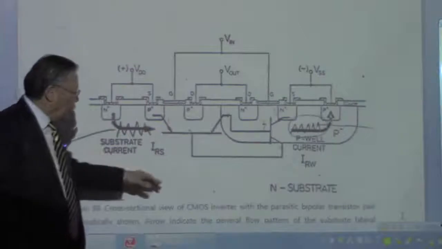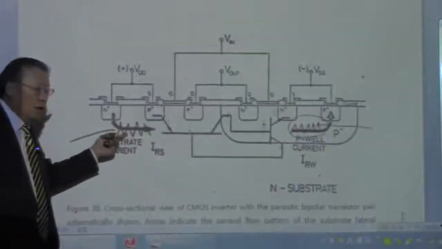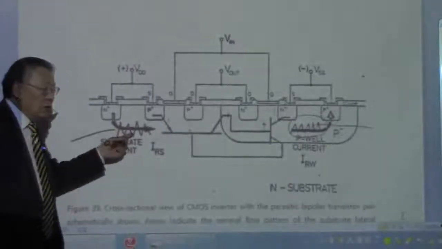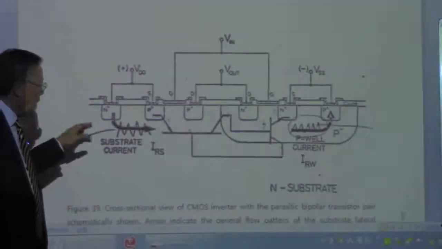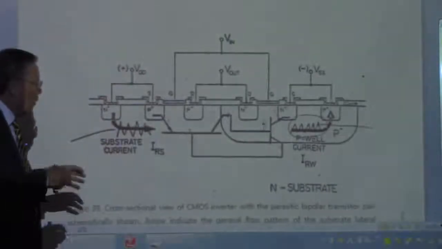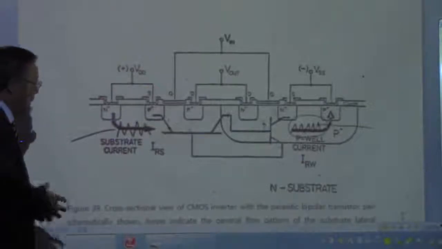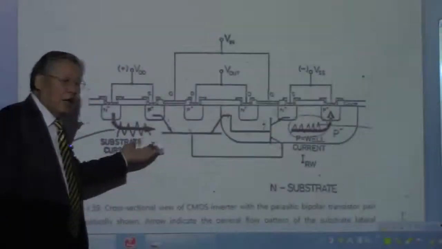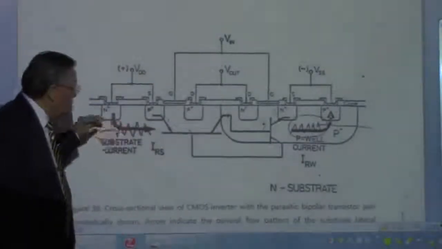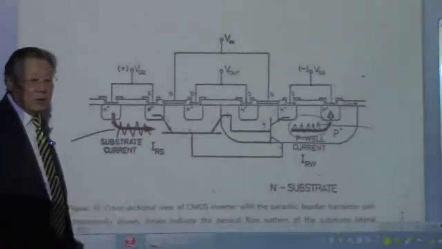That is related to the resistance here, and if the resistance becomes low to make the transistors small, then we are going to have more chance of latch up occurring.